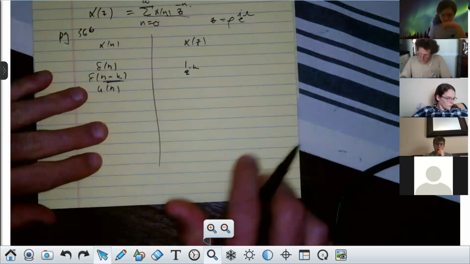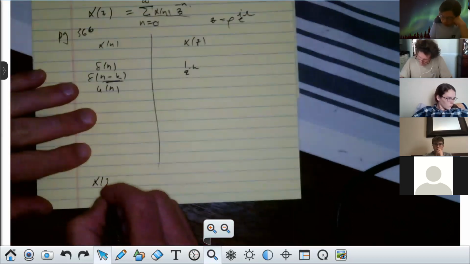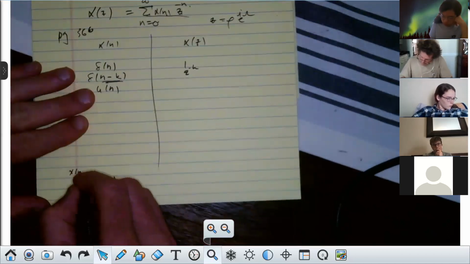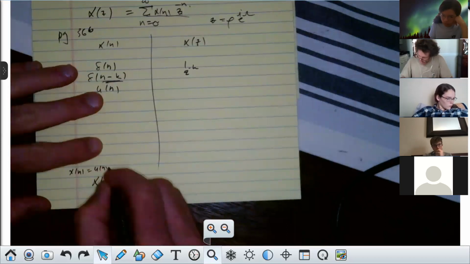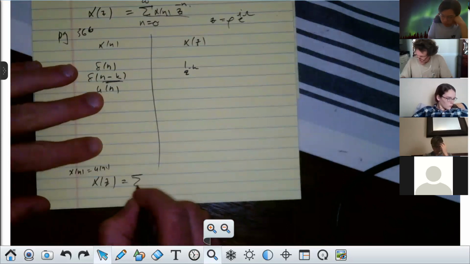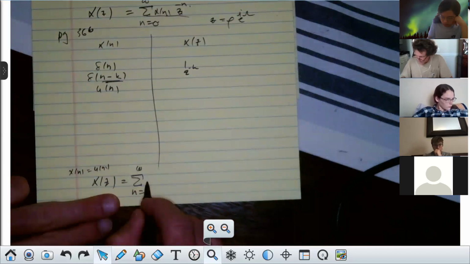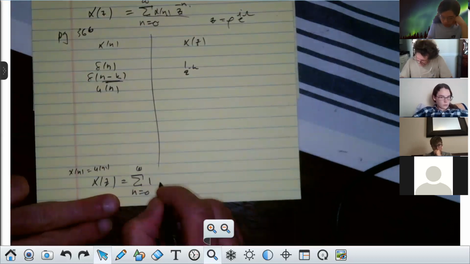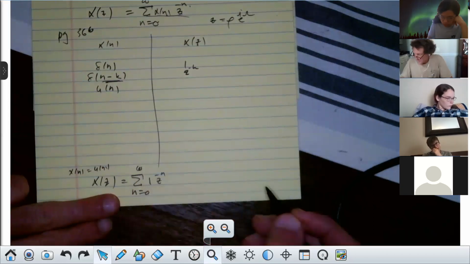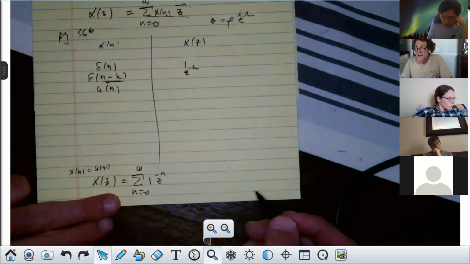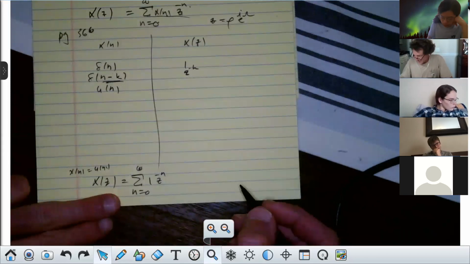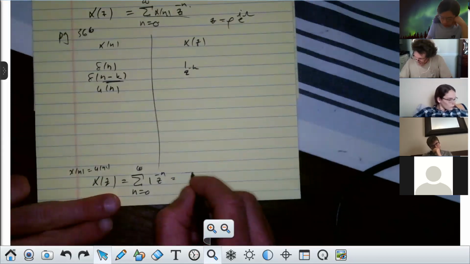Now let me work at the bottom of the page here. X of z if x of n is equal to u of n. That's equal to what? The summation of n equals 0 to infinity of 1 times z to the minus n, right? So is it just 1 over z? Well, that's exactly right. But let's do it.